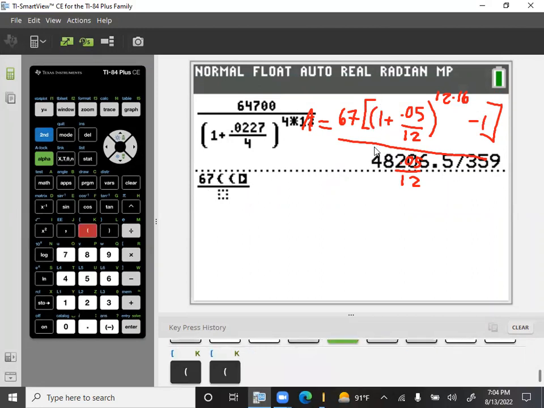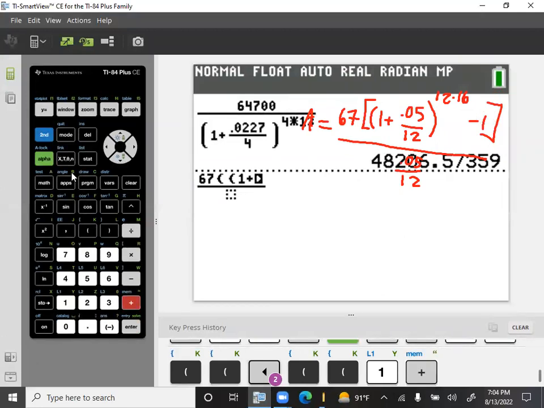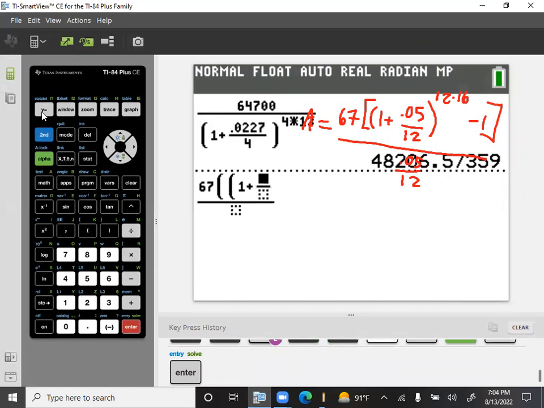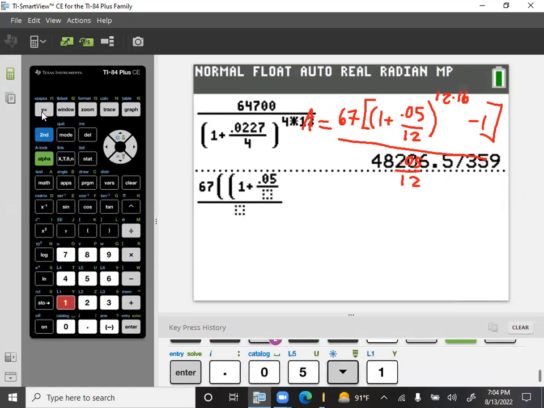On the calculator, we're only using parentheses, no brackets. If you use brackets, you're telling the calculator we're doing a matrix, and that's not at all what we're going to do in this class. When you need them, they're very cool, but we don't need them in this class.